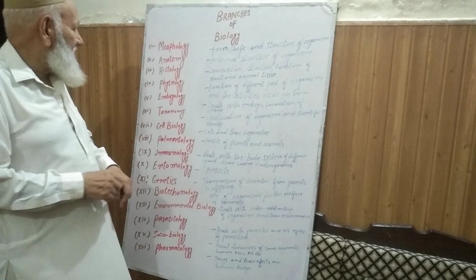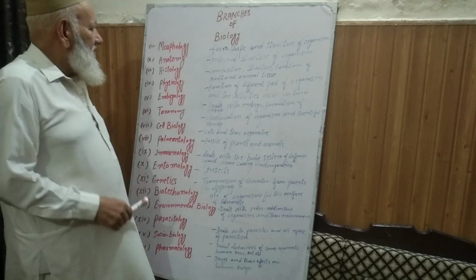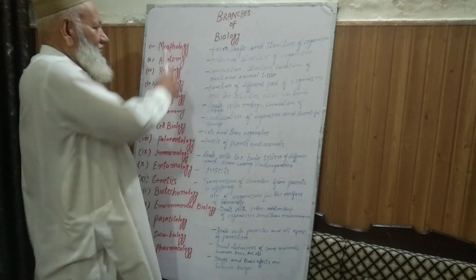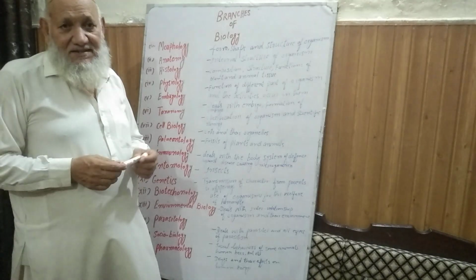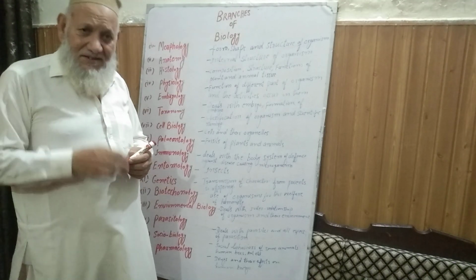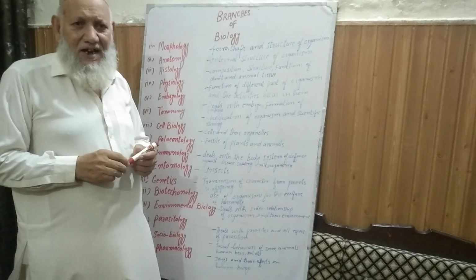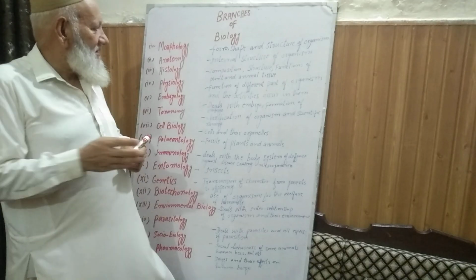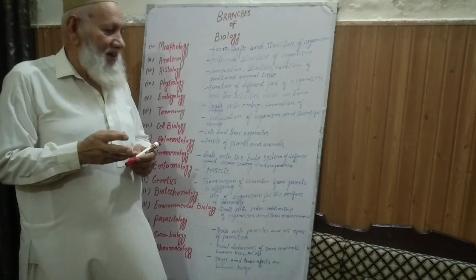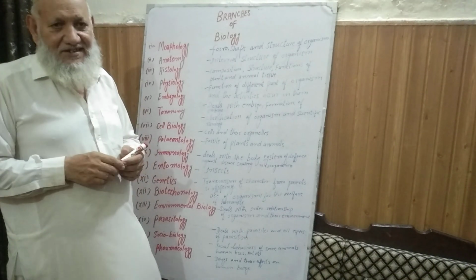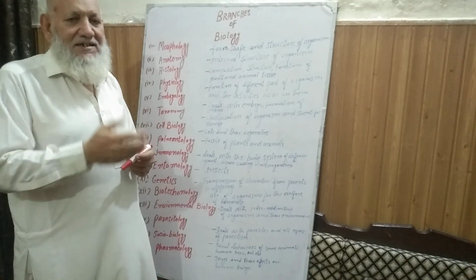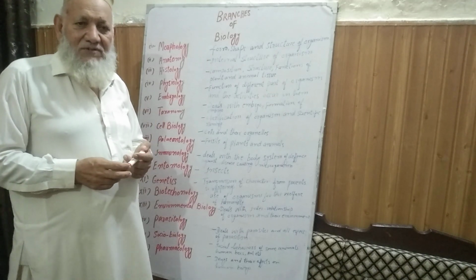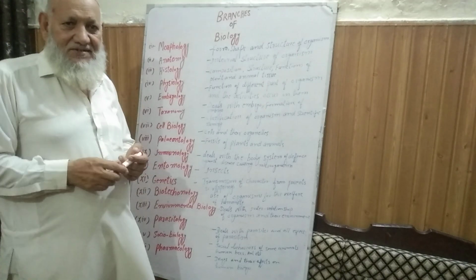So the first branch is morphology. Morphology is the branch where the outer structure of the organism is checked, where the shapes, forms and structure of organisms are checked. What type of shape an animal has, what type of shape a plant has.